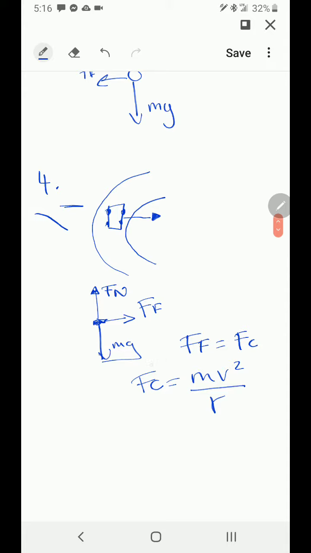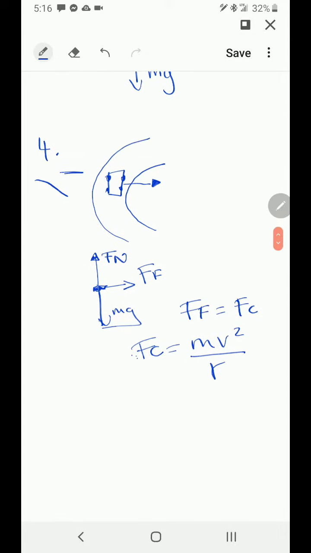Because if you increase the speed by a factor of 2, the force of friction, or the centripetal force in this case, will be 4 times bigger.